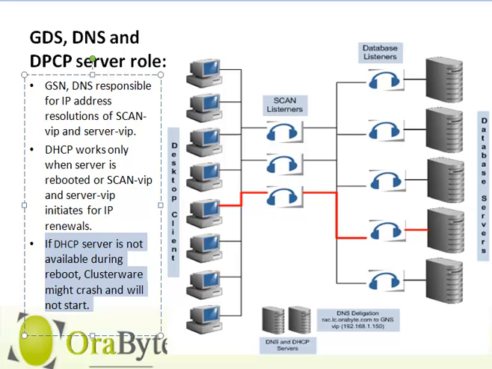And in the GNS route, all the IPs for scan VIPs and listener and all the other application VIPs will be coming dynamically from DHCP. Other option is to use 3 static scan IPs and have all the IPs configured statically. So don't use GNS.